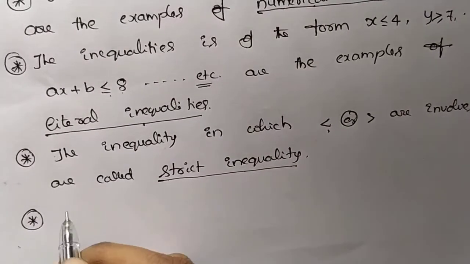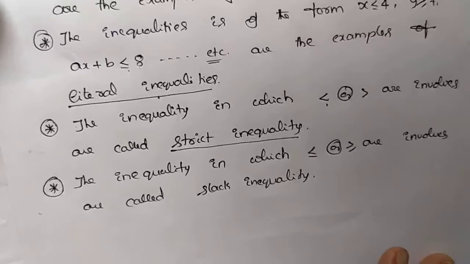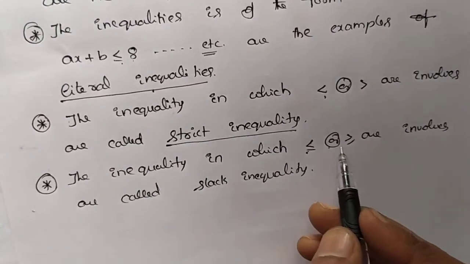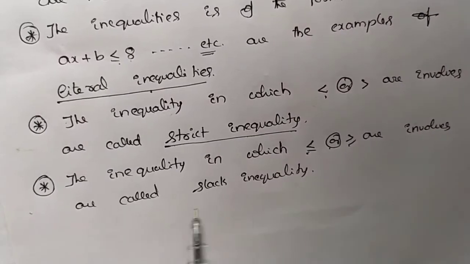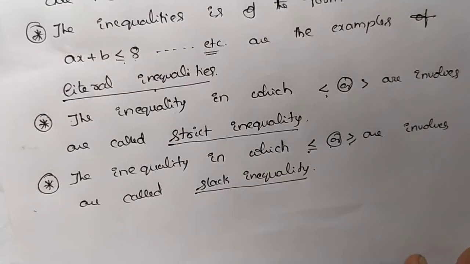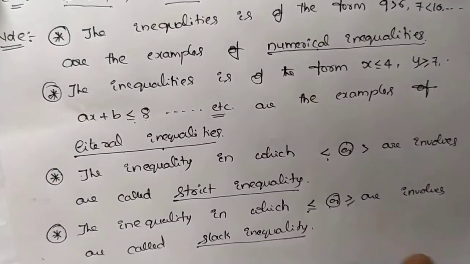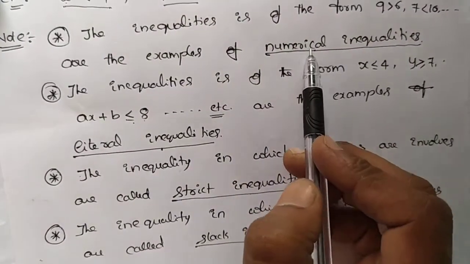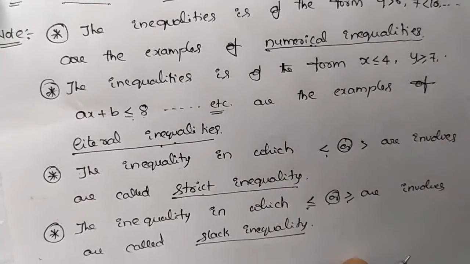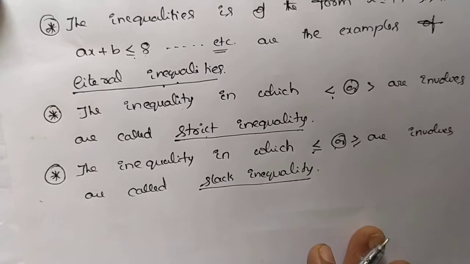Next point: an inequality in which less than or equal to, or greater than or equal to is involved is called a slack inequality. Therefore, it is a numerical inequality, it is a literal inequality, and it is a strict and slack inequality.